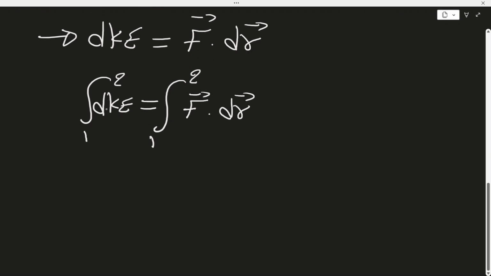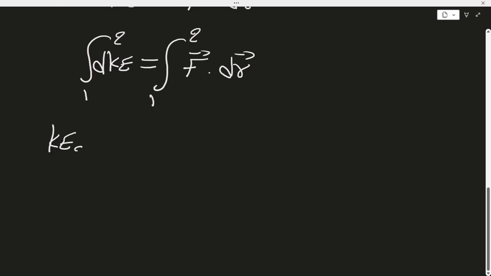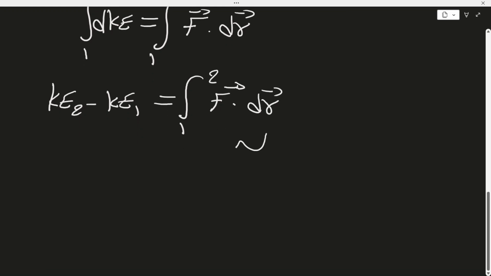Now we can write the left-hand side of this equation as KE2 minus KE1, which is equal to the integral from point 1 to point 2. All right, it's just a generalization of this integral. So the force dot dr. Now the right-hand side of this equation is nothing but work. So this is the work.